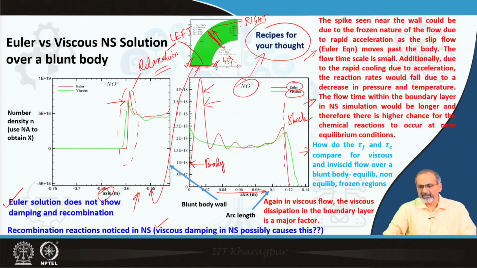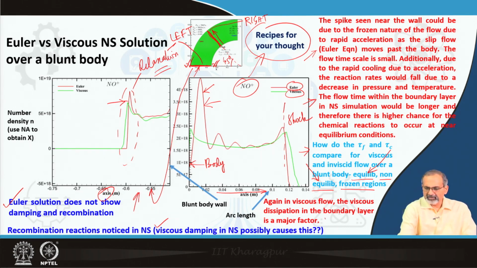You have to think, how do the tau f and tau c compare for viscous and inviscid flow over a blunt body? Which regions are expected to be in equilibrium, non-equilibrium or frozen in terms of chemical reactions? Because of paucity of space, I have used some abbreviations here. It essentially means equilibrium.